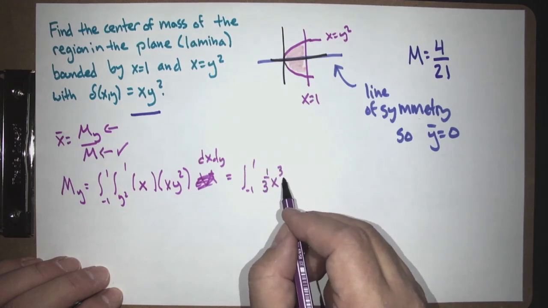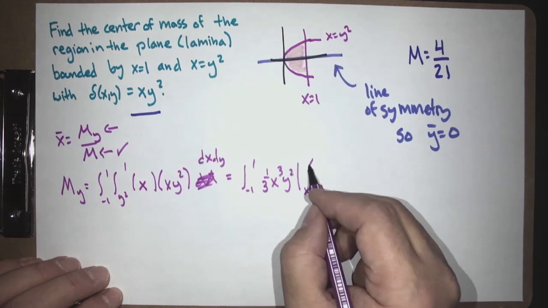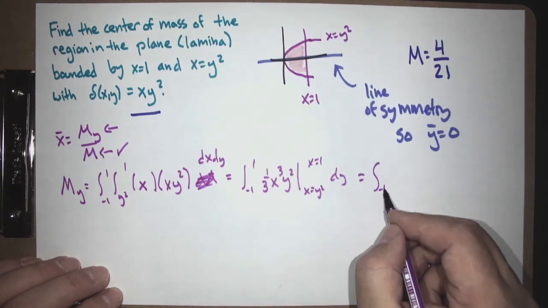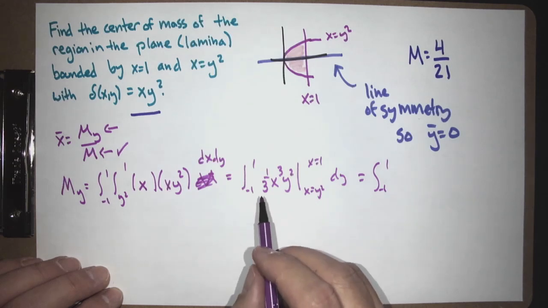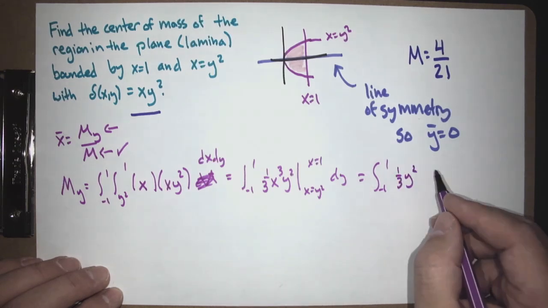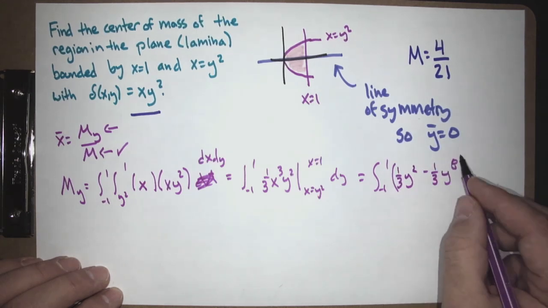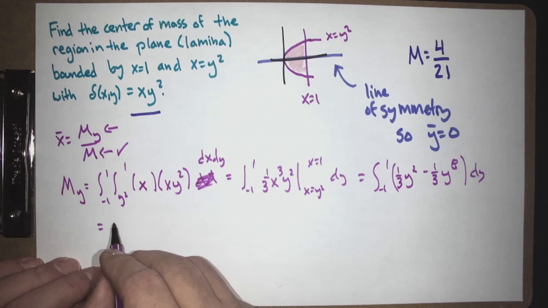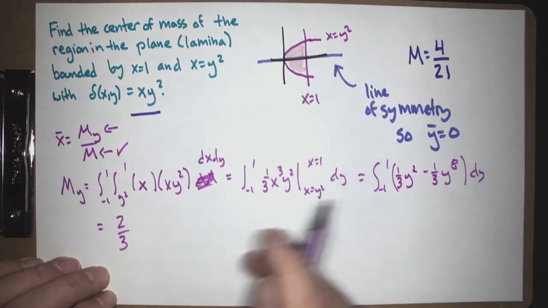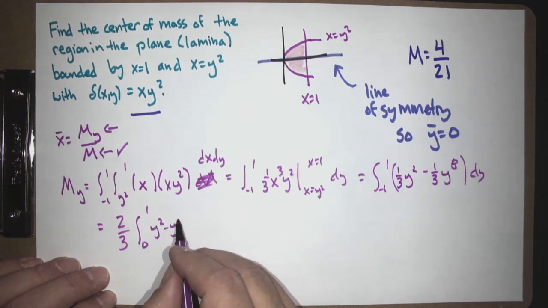We'll have 1/3 x cubed y squared, evaluated from x equals y squared to x equals 1, which becomes the integral from -1 to 1 of 1/3 y squared minus 1/3 y to the 8th. Again, we'll use our symmetry, pull out our factor of 1/3, 2/3 integral 0 to 1, y squared minus y to the 8th.